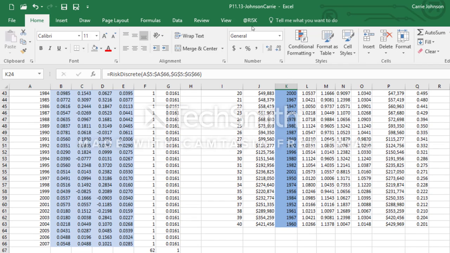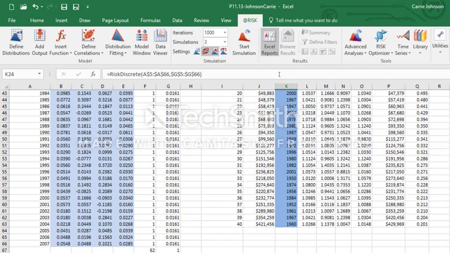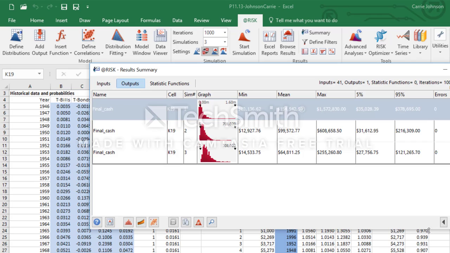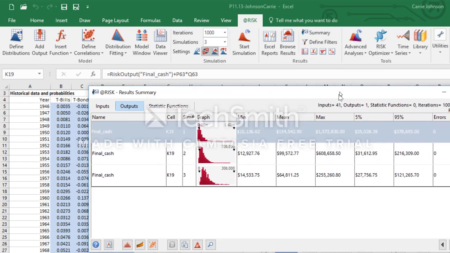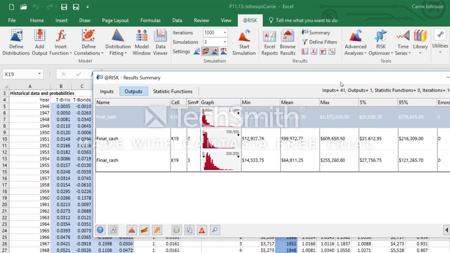And now that I've changed the damping factor, I will rerun this simulation with 1,000 iterations and again 3 simulations. As you can see, I've completed the simulation running this with a damping factor of 1.